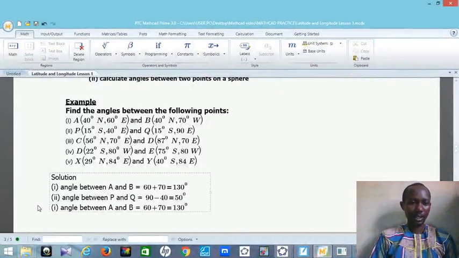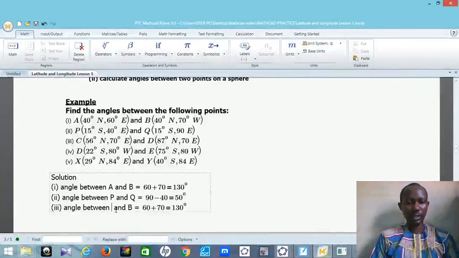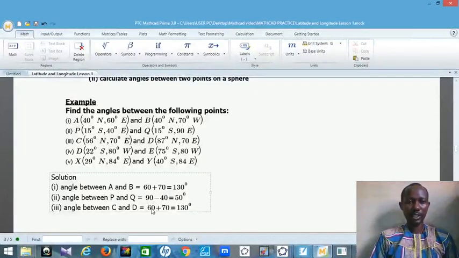Just say question number 3. Angle between C and D. Let me use capital letter C. Angle between C and D is equals to, you can see it, since 70 is common, you just say 87 minus 56.